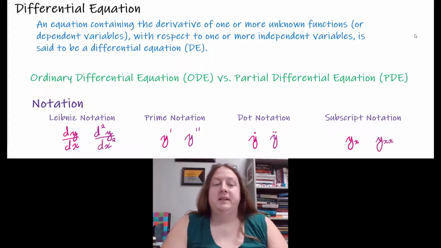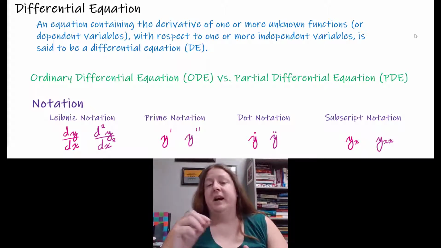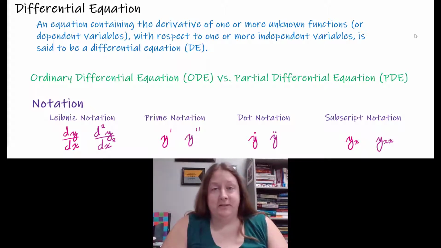So you've probably seen these things where I've denoted the first derivative with the pink color and the second derivative with the purple color in each of these. Now, if you've done any physics or engineering, you may have seen dot notation, where we take our variable that we're taking the derivative of, and we put a dot over it, and however many dots are over it, that indicates what derivative we're talking about.